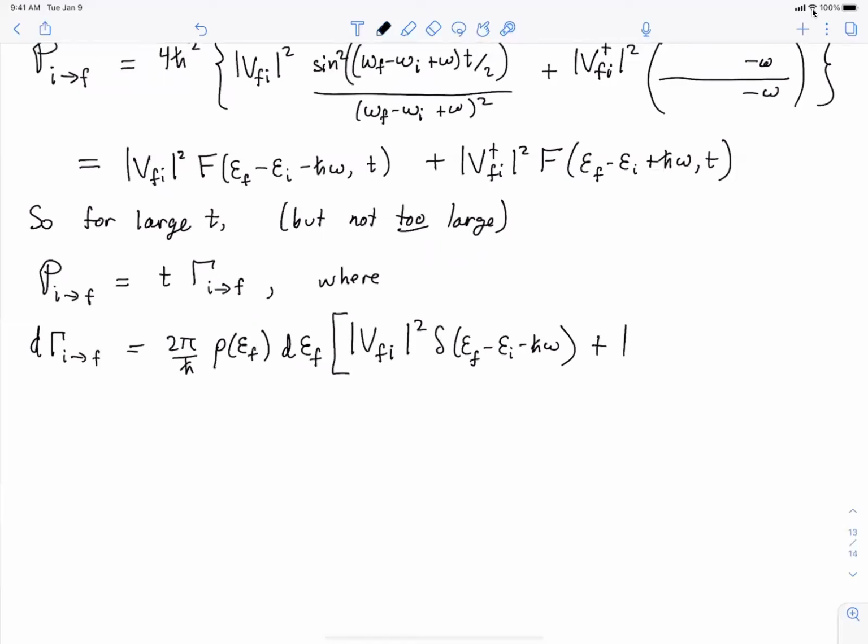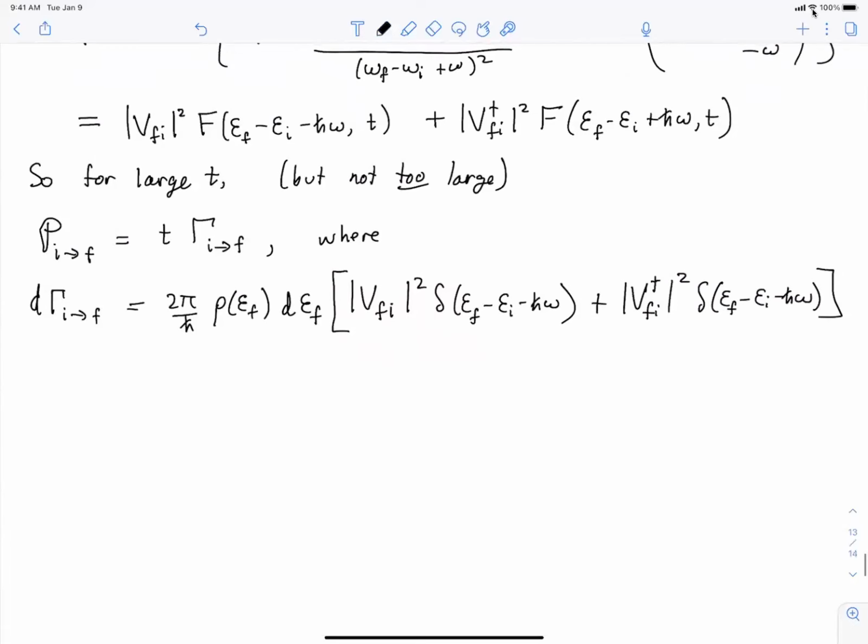And then the matrix element for V dagger squared times a different delta function. So really we could just separate those two terms because they can't both be non-zero at the same time.